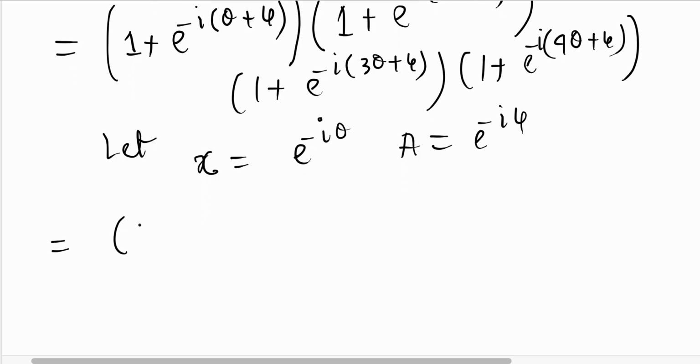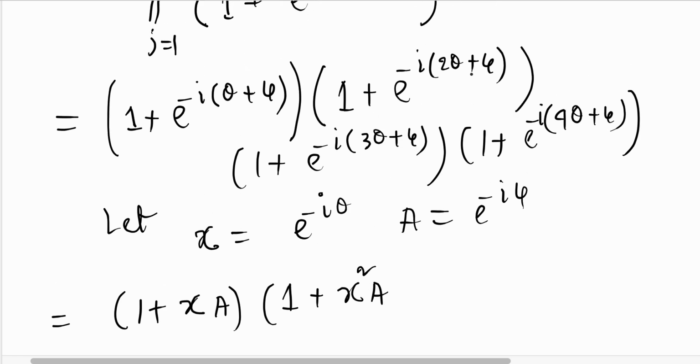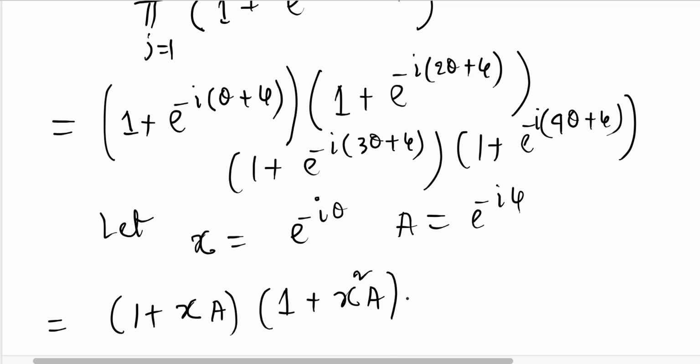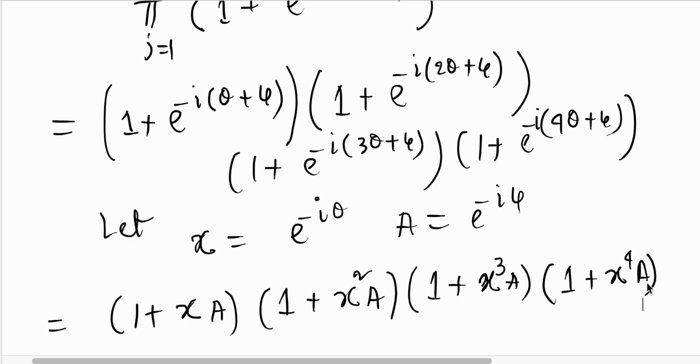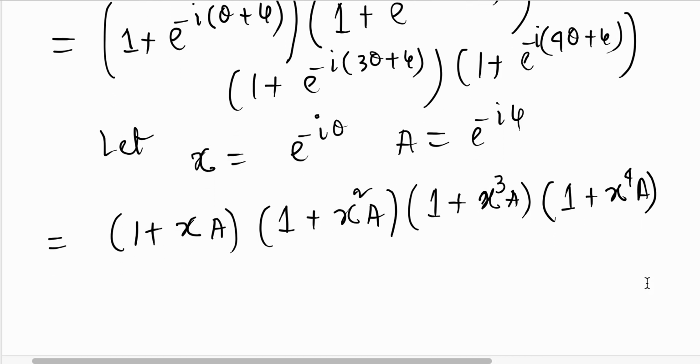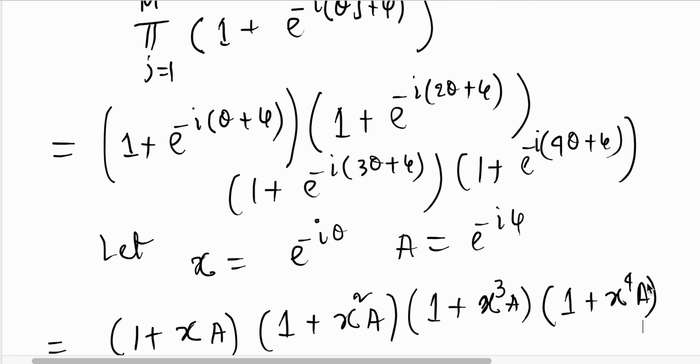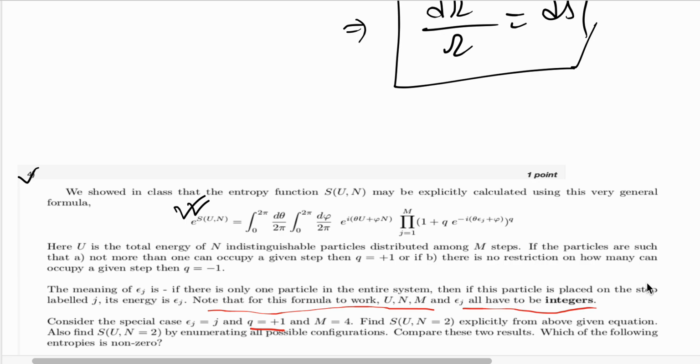So it will look like 1 plus xa, plus 1 plus x square a, since e to the power minus 2i theta means x square, into 1 plus x cube a, since 3 theta means x cube, and 1 plus x to the power 4 a. Okay, so to proceed further we will actually need one property of this thing.